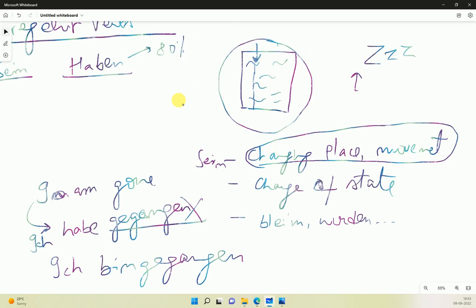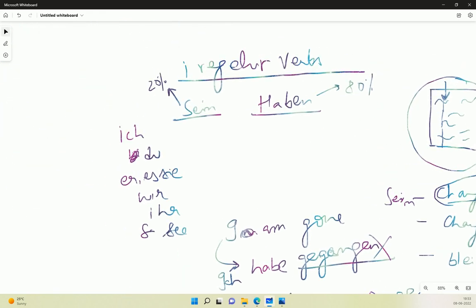Now quickly I'll write it here because this can be a little confusing. The conjugation of sein was ich bin, du bist, sie ist, wir sind, ihr seid, and sie sind, right?